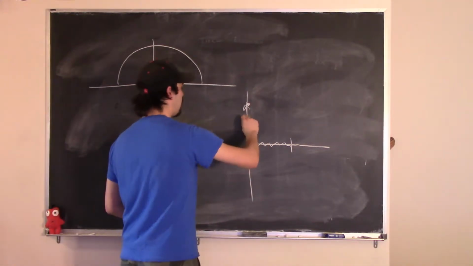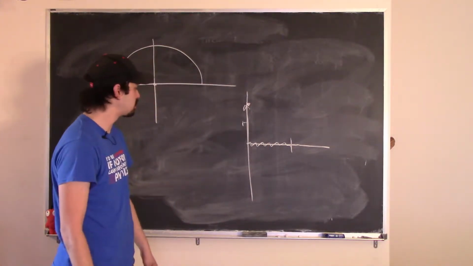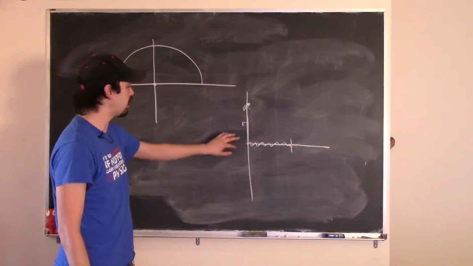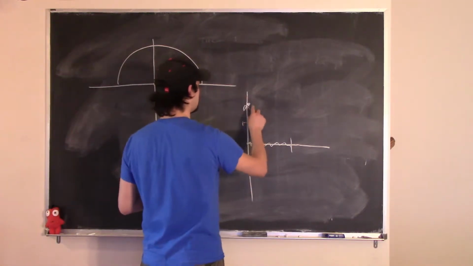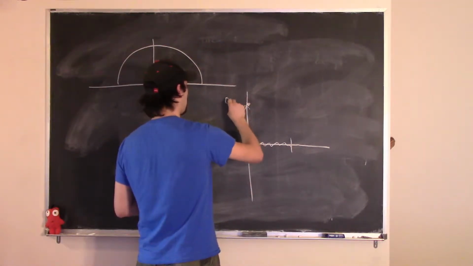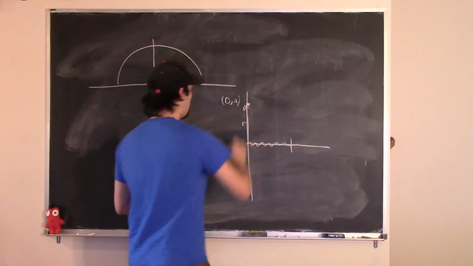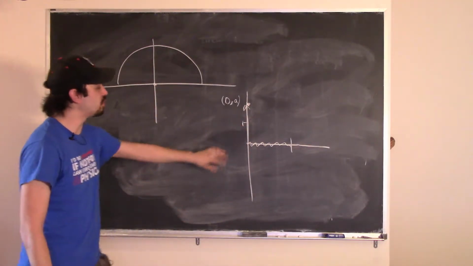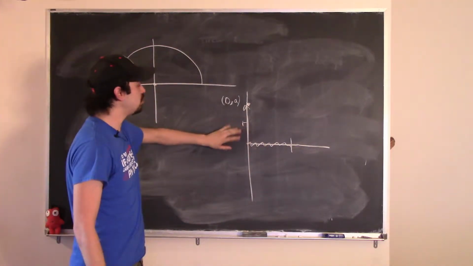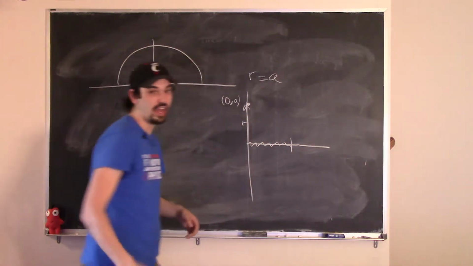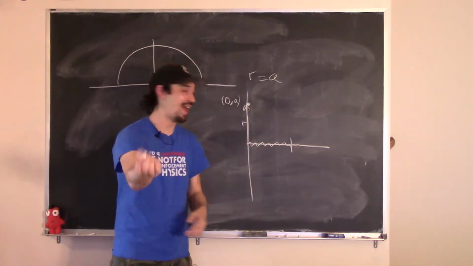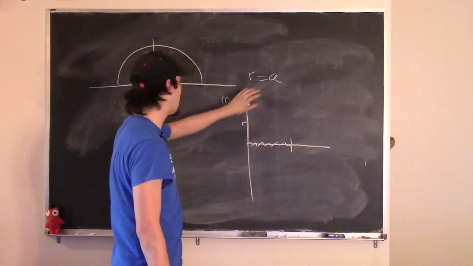You could define the vector r this way, but you might inadvertently convince yourself that, say this is the point 0, a on this axis. If you defined it from the origin, you might be inclined to say that r is equal to a. And one of the values that r can have is a.